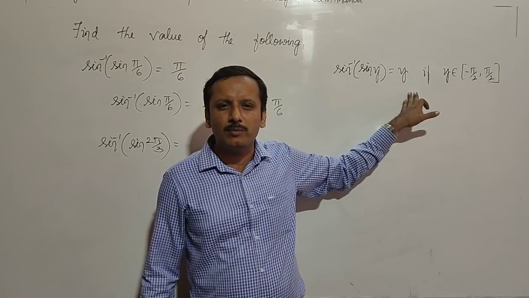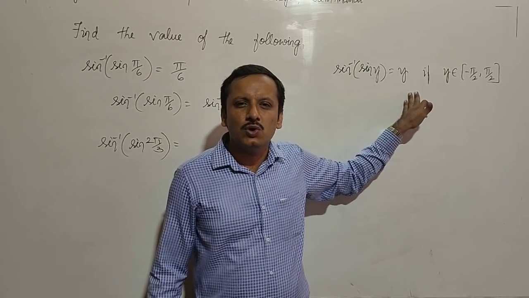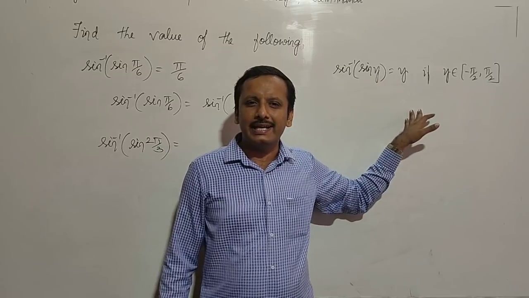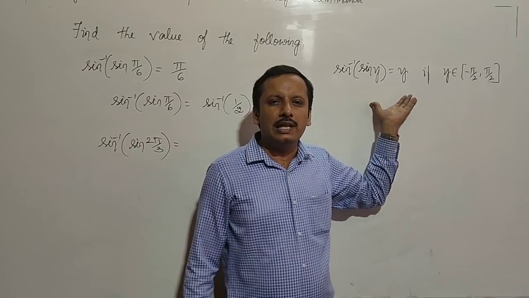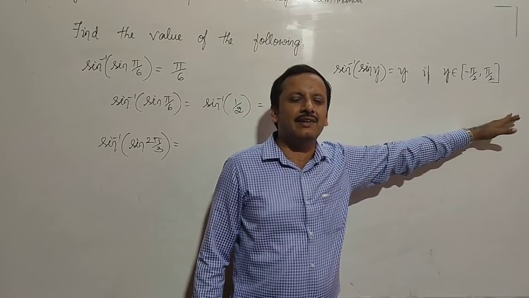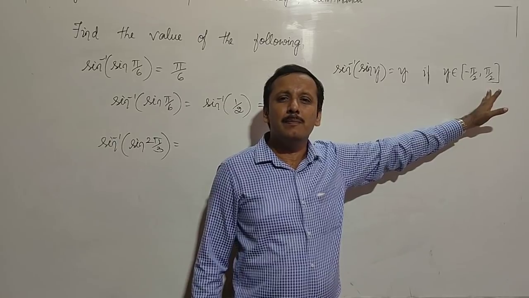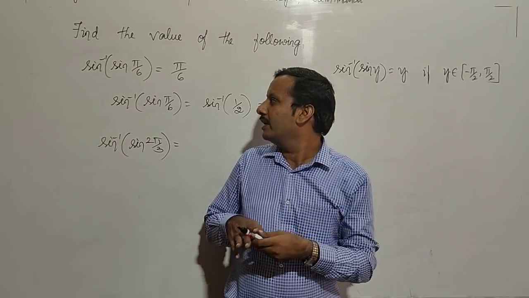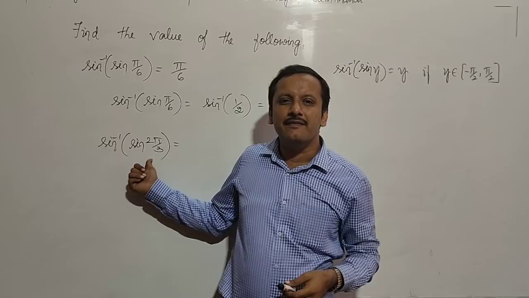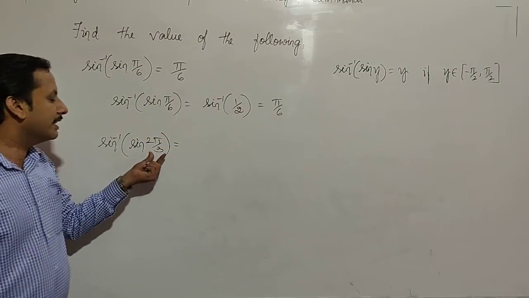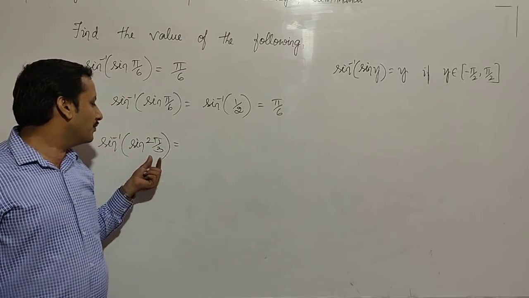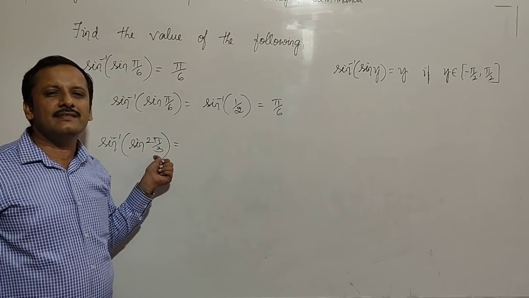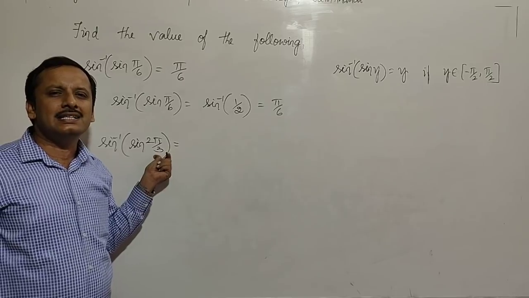The answer is no. You cannot use that formula directly, because this formula is applicable only if y lies in the interval minus pi by 2 to pi by 2. But here, in place of y, we have 2 pi by 3. That 2 pi by 3 does not lie in that interval. Therefore, we cannot directly write sin inverse of sin 2 pi by 3 as 2 pi by 3.